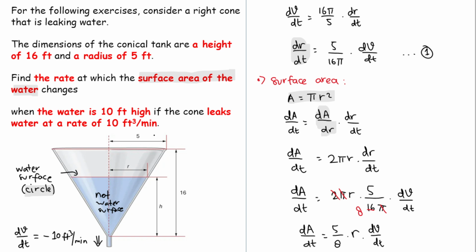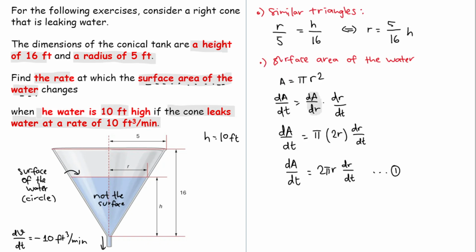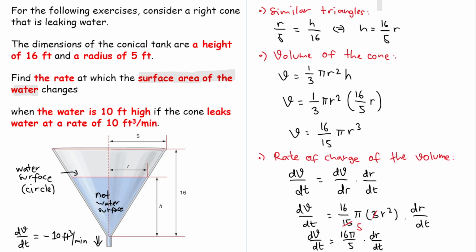But here we are given the height and not the radius, so we need to convert this r. We can just plug in this one here, right?